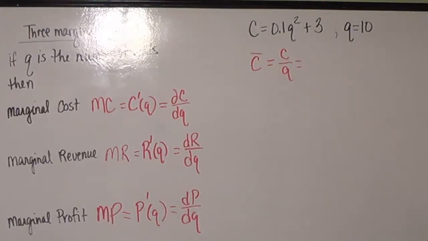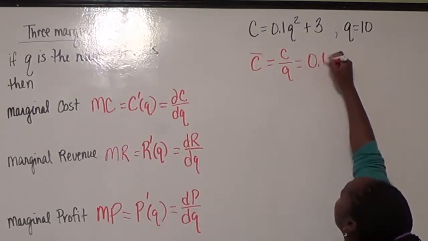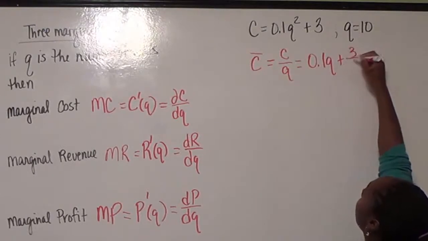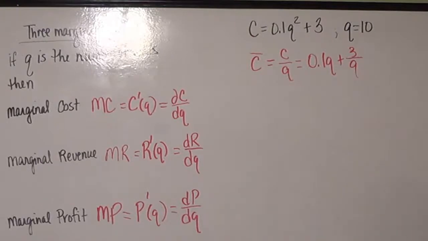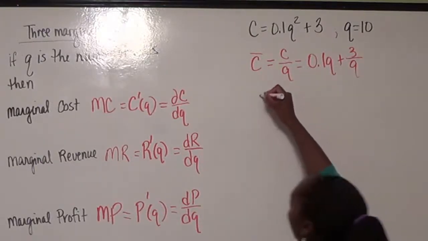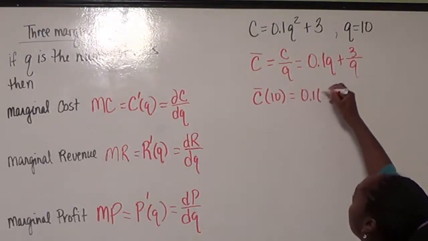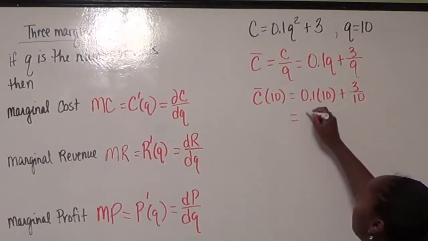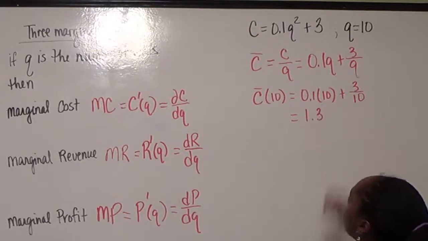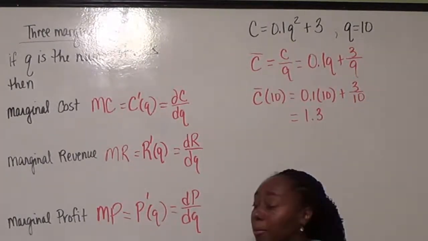So in this case, if I want the average cost for this function, that's going to look like 0.1 Q plus 3 over Q. And if we look at our average cost at 10 units, this is going to be 0.1 times 10 plus 3 over 10, which is going to look like 1.3. Now we'll talk about what that means in just a second. Right now it's just a value that we've gotten.